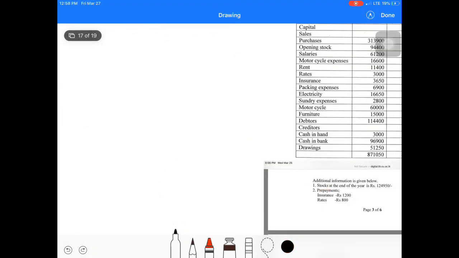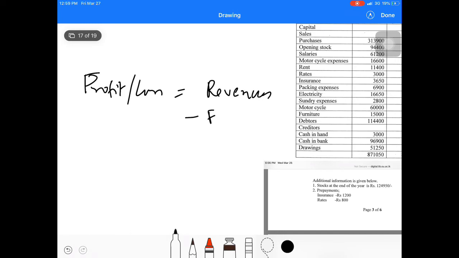We start with the profit and loss account. As you know, to find the profit or loss, we have to add up all the revenues and subtract all the expenses.